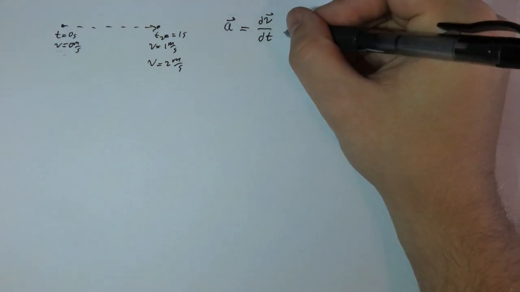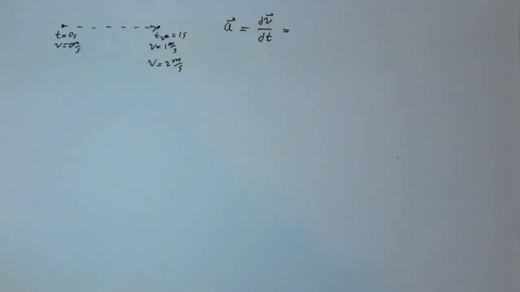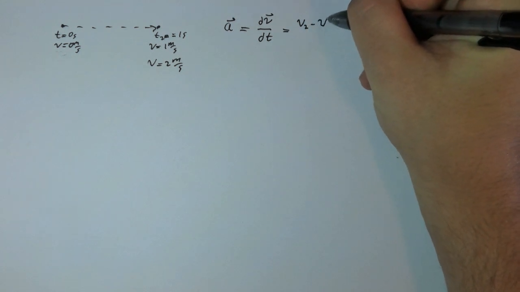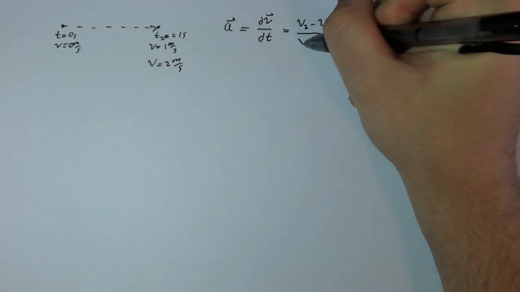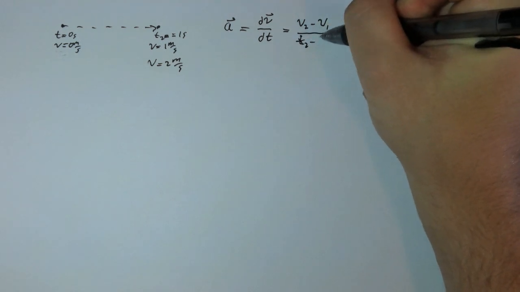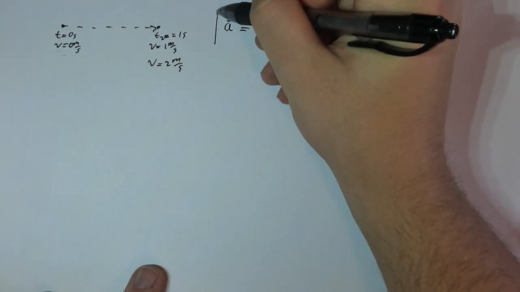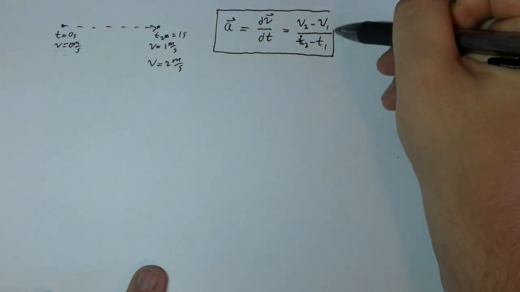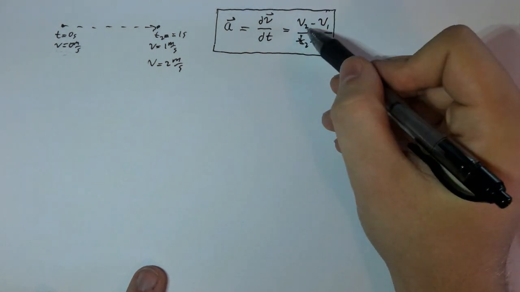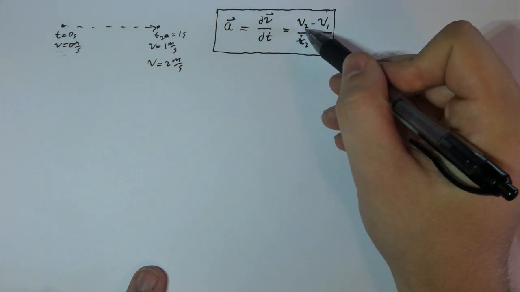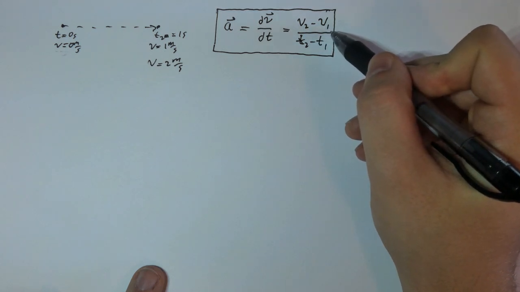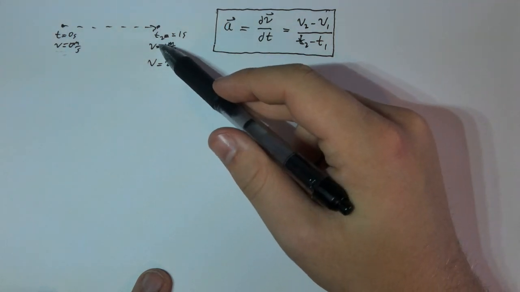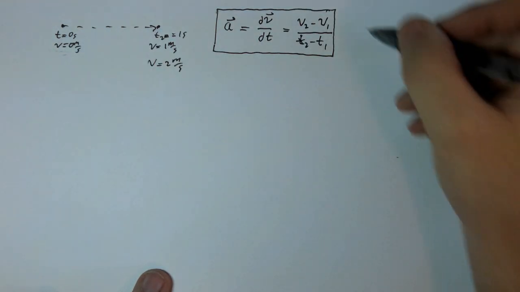And so if you watched my previous videos on velocity, the equations will look quite similar to this. So our average acceleration, we can think of average acceleration just like average velocity, is our velocity at point 2 minus velocity at point 1 divided by the time at point 2 minus the time at point 1.